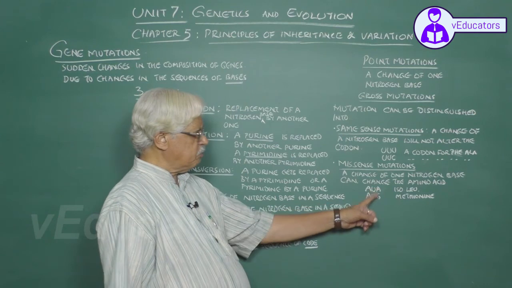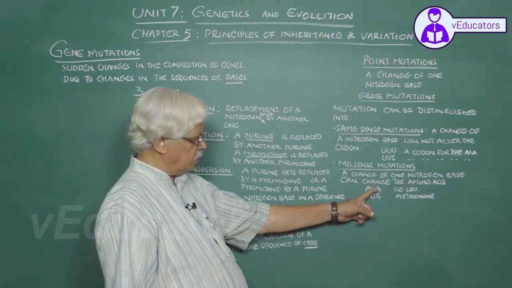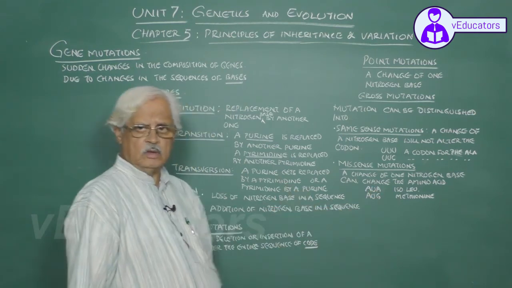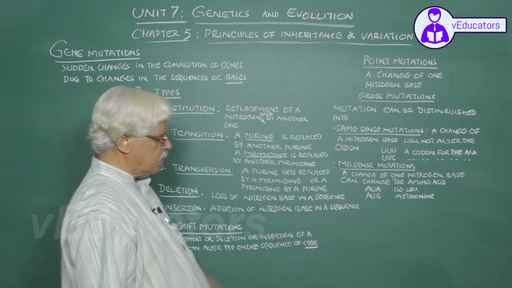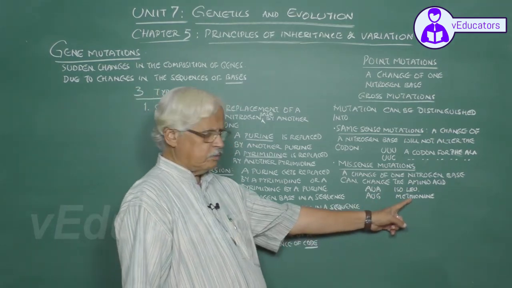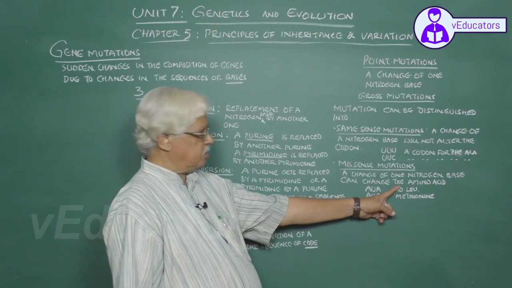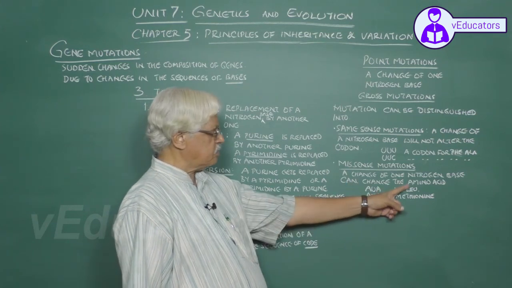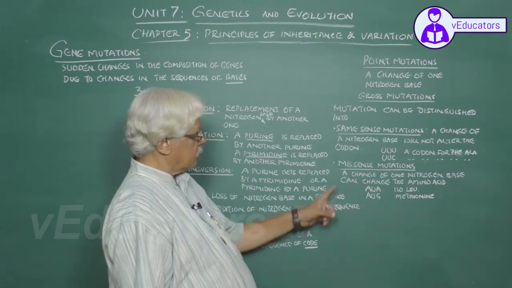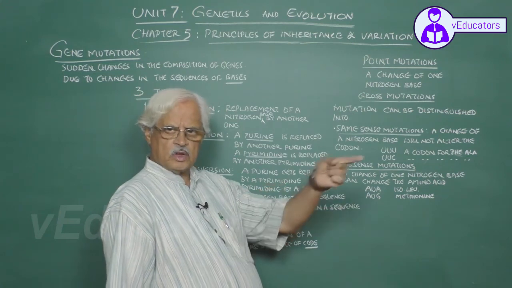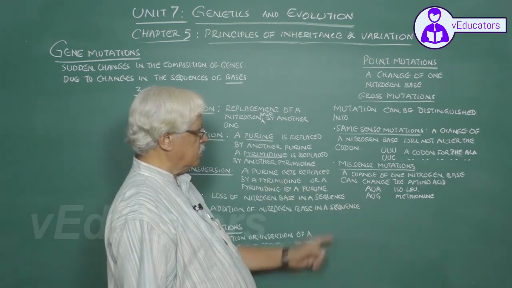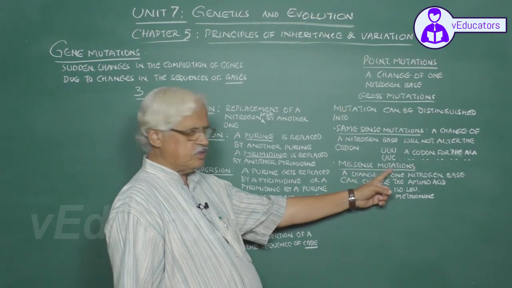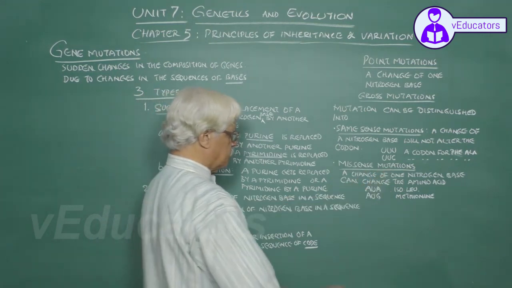A gets replaced by G, but it codes for methionine in place of isoleucine. So amino acid gets changed. Therefore, the nature of the protein is changed. Hence, it is called missense mutations.